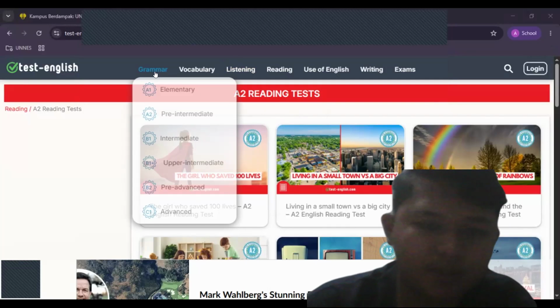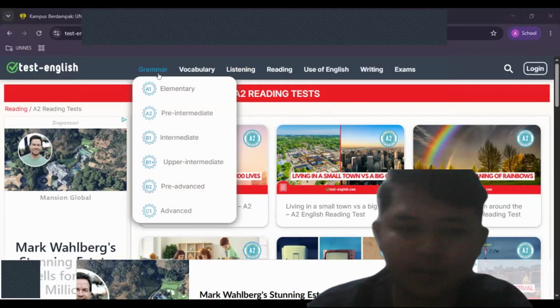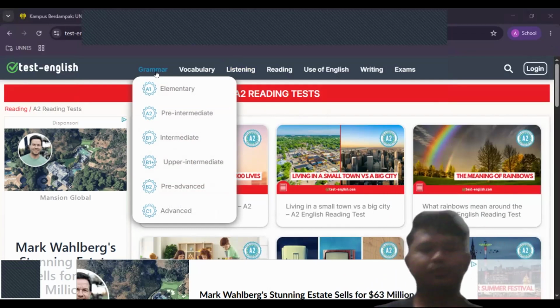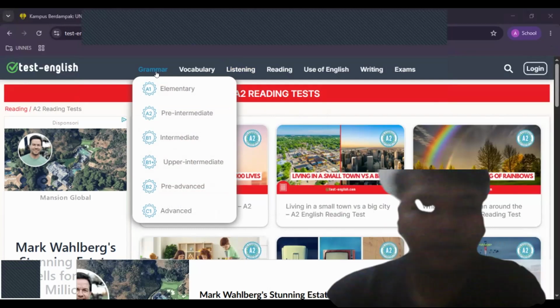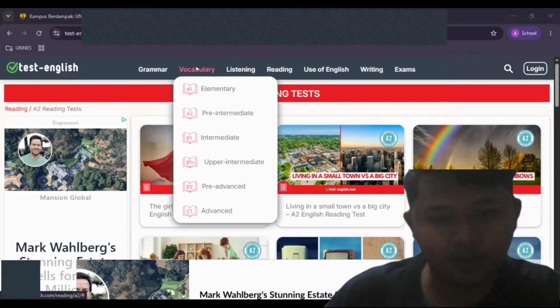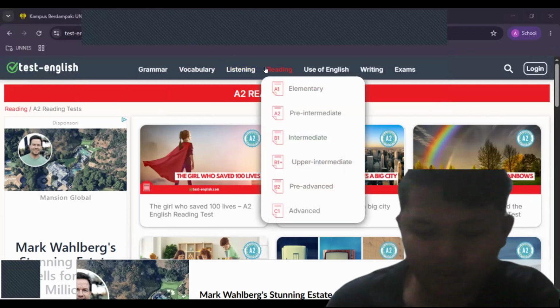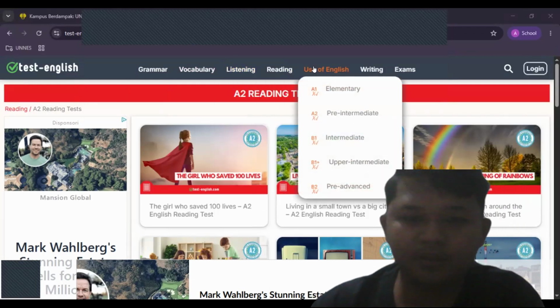The first one is grammar. You can choose the level: elementary, pre-intermediate, intermediate, upper intermediate, pre-advanced, and advanced. The next type is vocabulary. The level is also the same. The next one is listening. The next one is reading. The next one is the use of English.